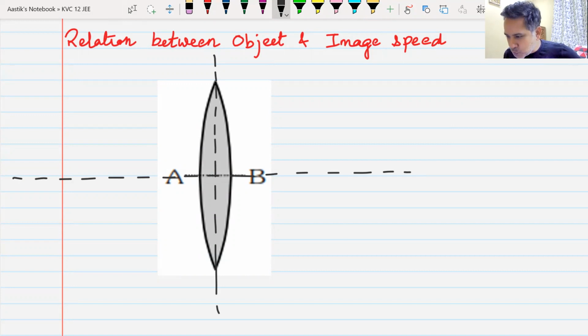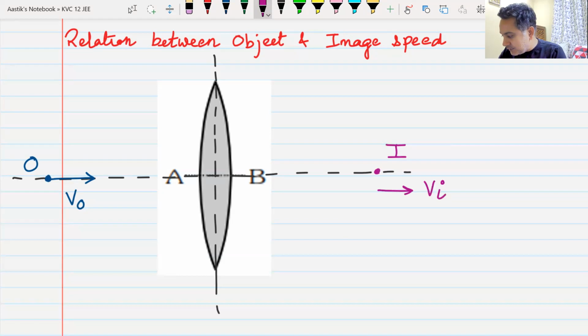VI equals magnification times VO. That was when it was moving perpendicular. What about it moving parallel? So if this is an object O and it is moving with a velocity VO, the image will move with a velocity VI.